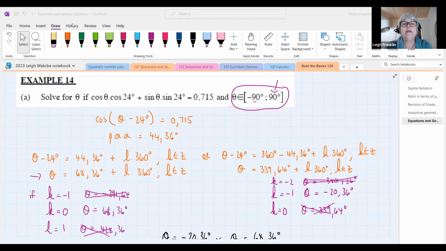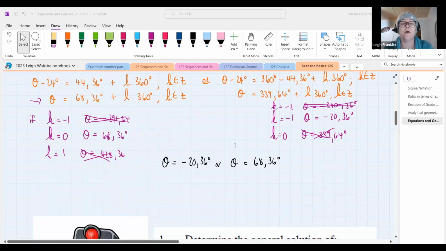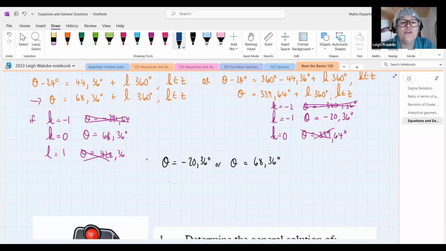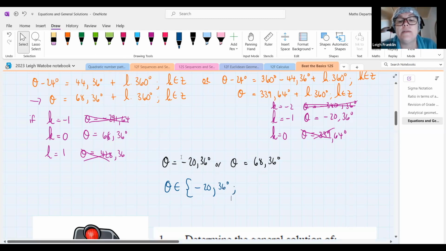Pinga, if you want to list your answers, you can do that as well. But you've got to be careful of the way in which you do it. If you say theta is an element of, and you use curly brackets, you've got to put them in order, from smallest to biggest. Oh, sorry, that's supposed to be a comma. And then you can separate them by semicolons.